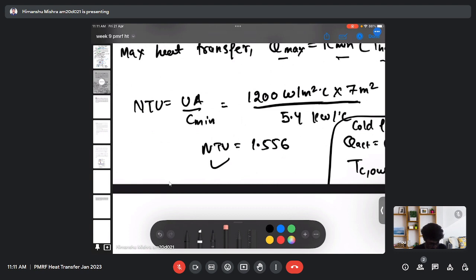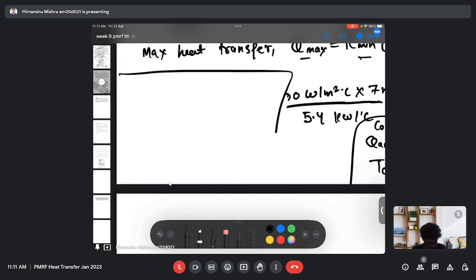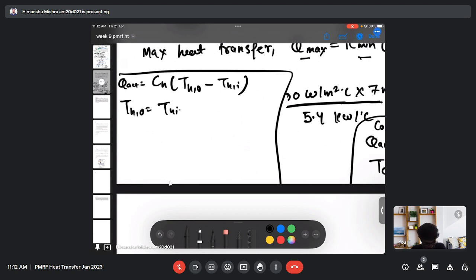Similarly, I can calculate for the hot fluid. So again, this is my actual heat transfer, heat capacity of hot fluid, temperature of hot fluid at outlet, temperature of hot fluid at inlet. So my temperature of hot fluid at outlet will be inlet minus actual over heat capacity. Again, just putting the values here. Inlet temperature of hot fluid was 110.